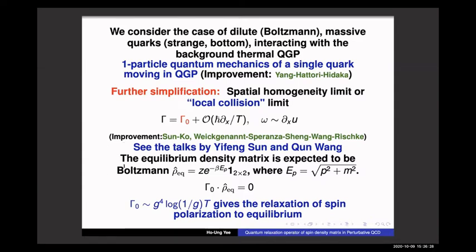So basically, just to give you a take-home message, our computation indicates that this relaxation rate in perturbative QCD is given by g to the 4 log 1 over g, which turns out to be the same order as the typical relaxation rate for charge transport phenomena. And in the later part of the talk, I will explain why this has to be the case for spin transport as well.